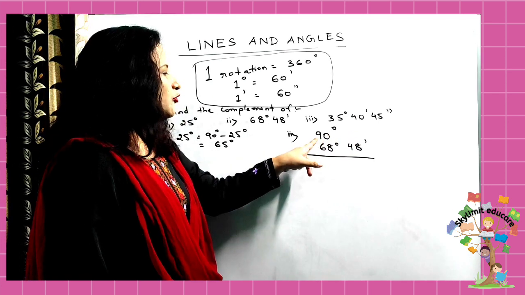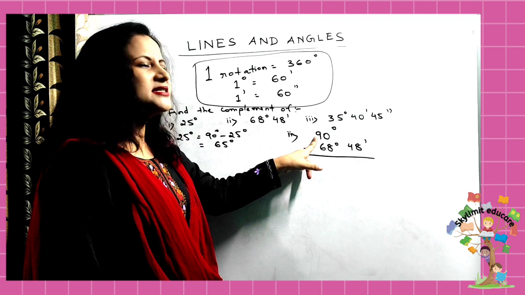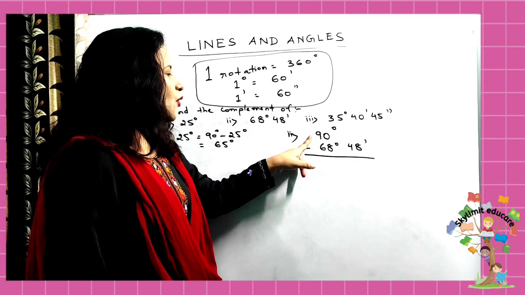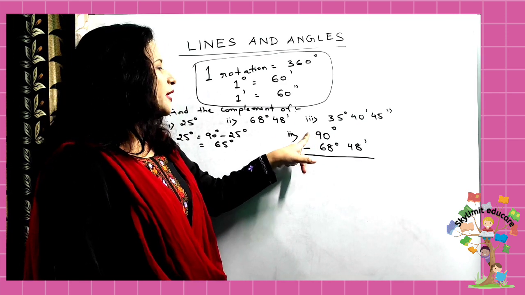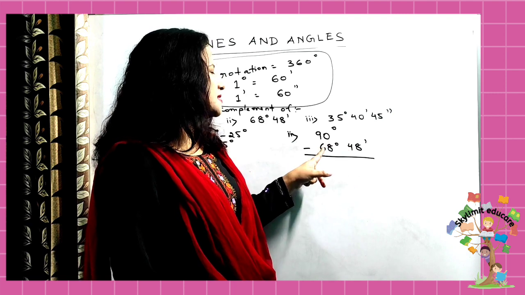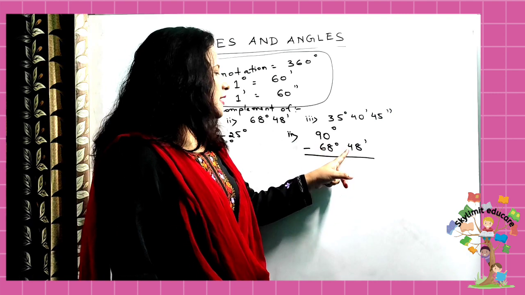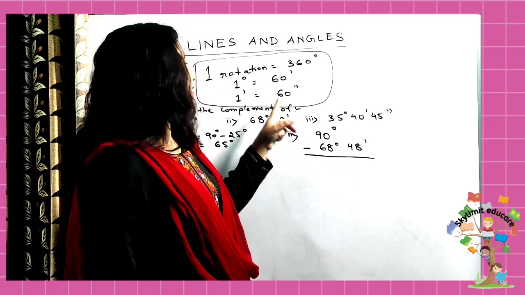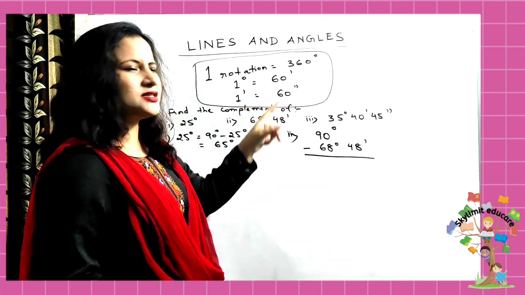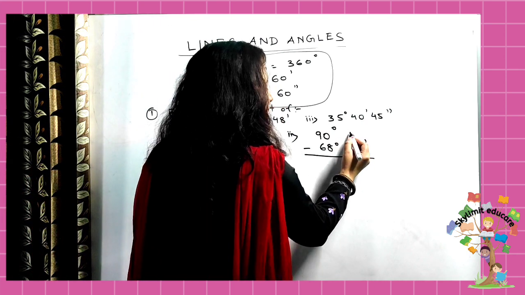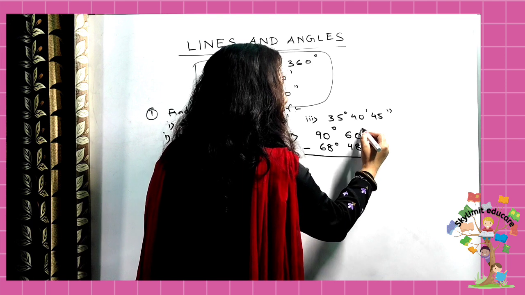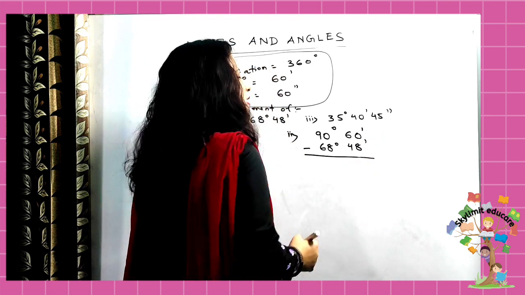So I'm going to borrow 1 degree from this 90 degrees. When I borrow 1 degree from 90 degrees, I am borrowing to the minute column. This is the minute column and this is the degree column, right? In the minute column, when I bring 1 degree, it is equal to how many minutes? 60 minutes. That means I am borrowing 60 minutes, right?